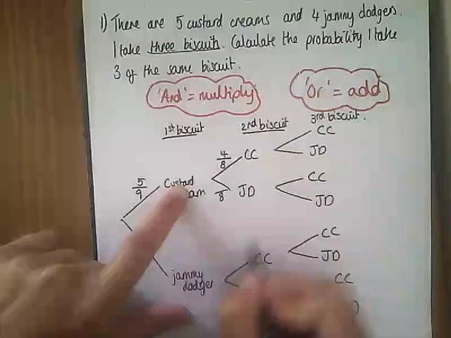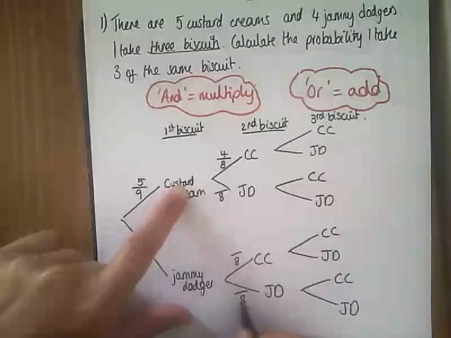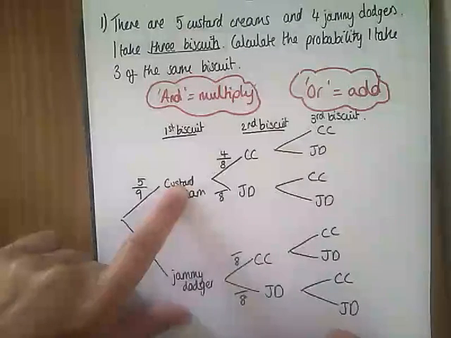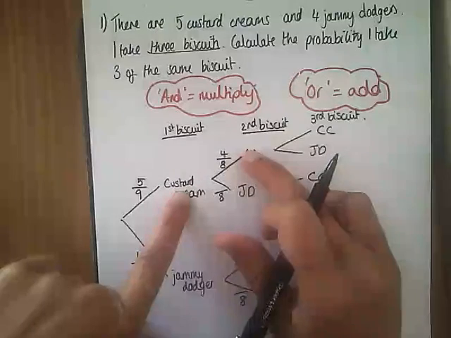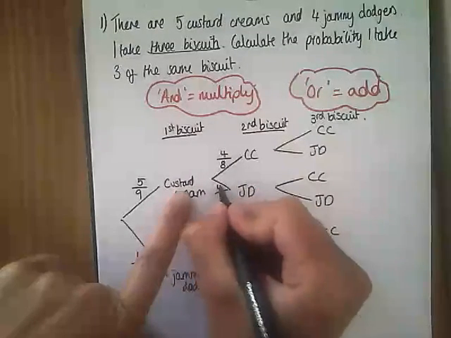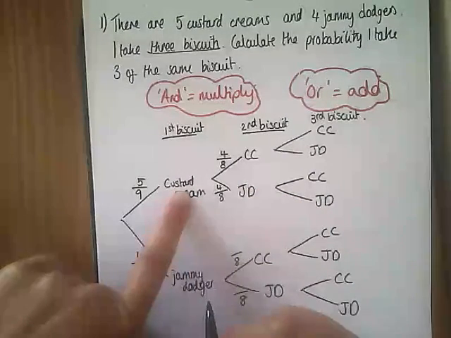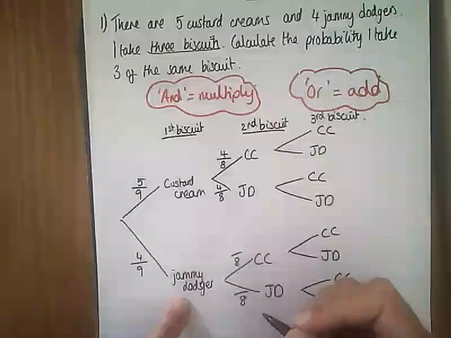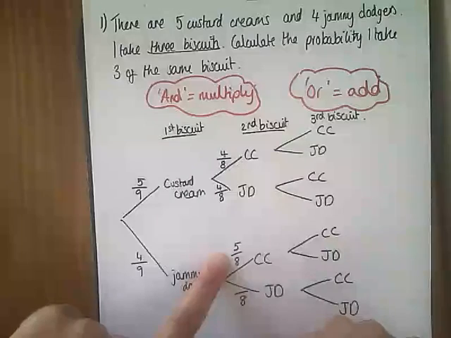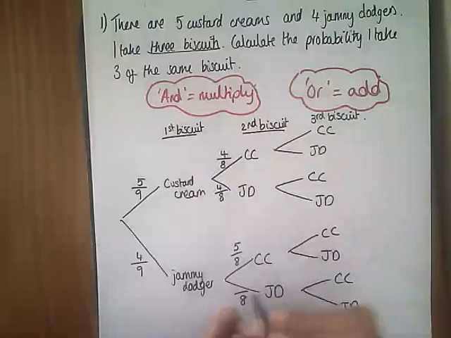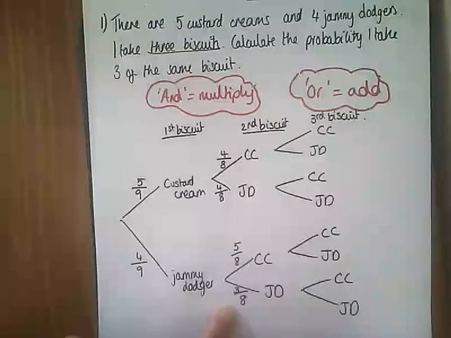So all of these second ones are going to be out of 8. There are still 4 jammy dodgers. If I take a jammy dodger the first time, there are still 5 custard creams left because I haven't taken a custard cream, but this time there'll only be 3 jammy dodgers.